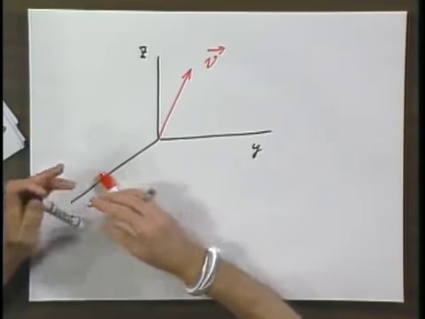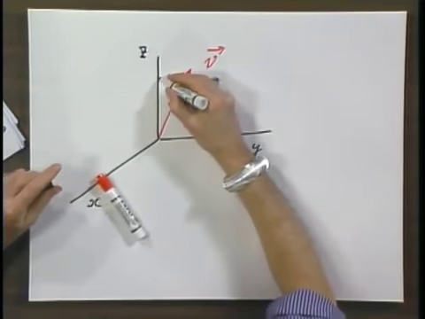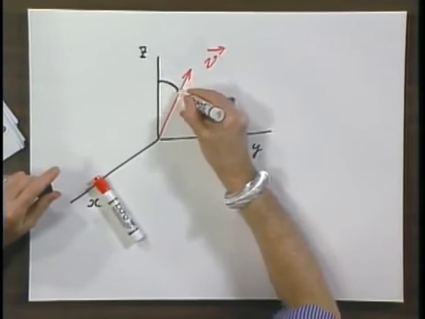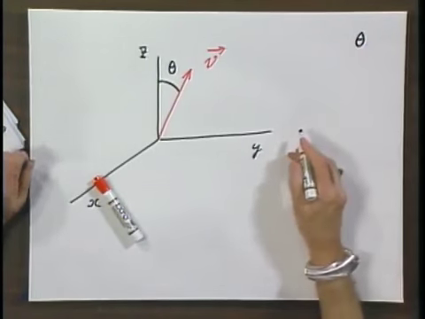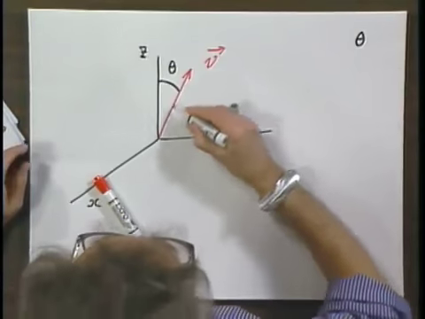We can identify the angle between the velocity vector and the plus z-axis as theta. So theta would be one number that we could use to express this vector v.